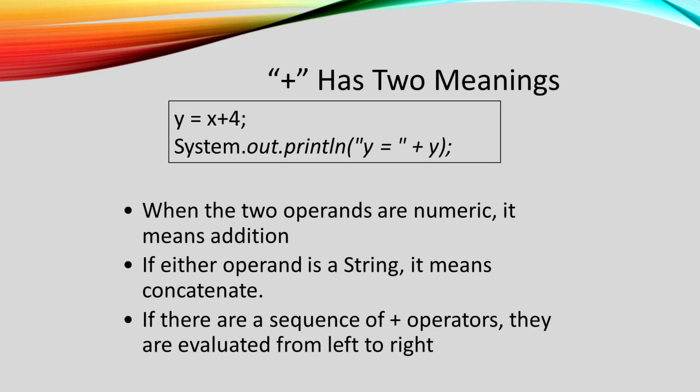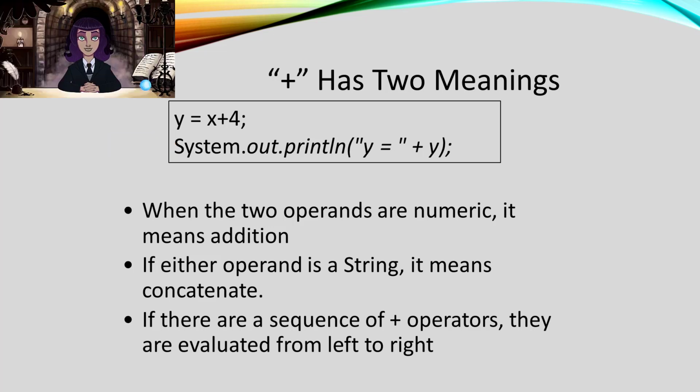These two lines of code use the plus operator two different ways. In the first, when we evaluate the right-hand side of that assignment, the plus sign means addition. We're going to add 4 to the value stored in the variable x. In the second, building the string to be output, the plus meant concatenate. Those are two very different operations.